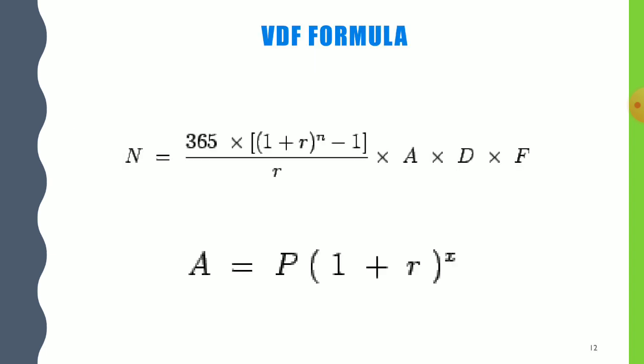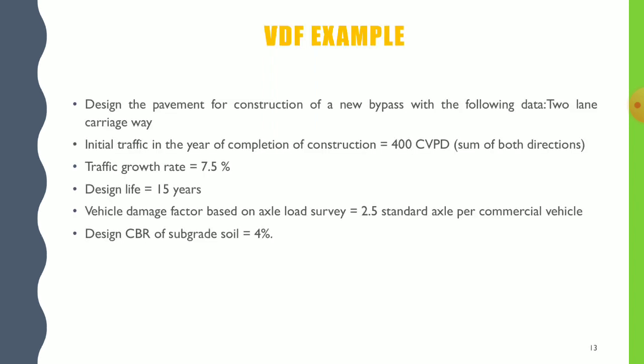So we are considering the VDF formula. N equals 365 times ((1 plus R) to the power n minus 1) divided by R, times A times D times F, where A equals P times (1 plus R) to the power x. So we are going for one of the examples of how to calculate the VDF.